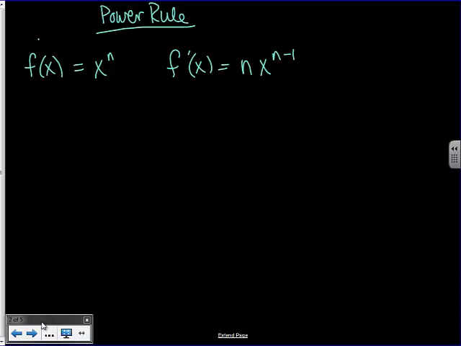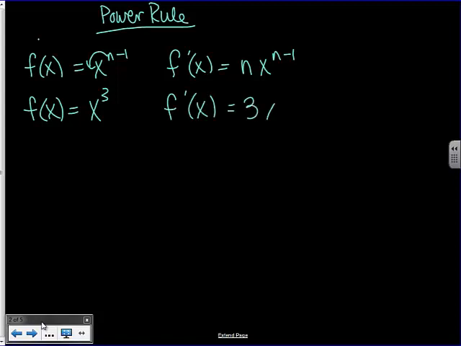So your n just comes down, and you take away 1. Here's how that works. If I give f of x is x cubed, well, you did this on your worksheet on Tuesday, so my 3 comes down. So f prime of x, 3 comes in front. Take away 1 from my exponent, that gives me x squared.